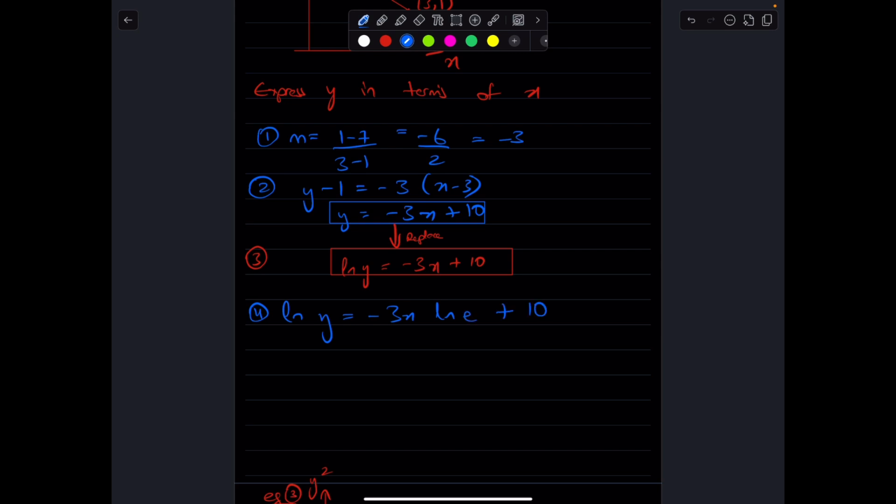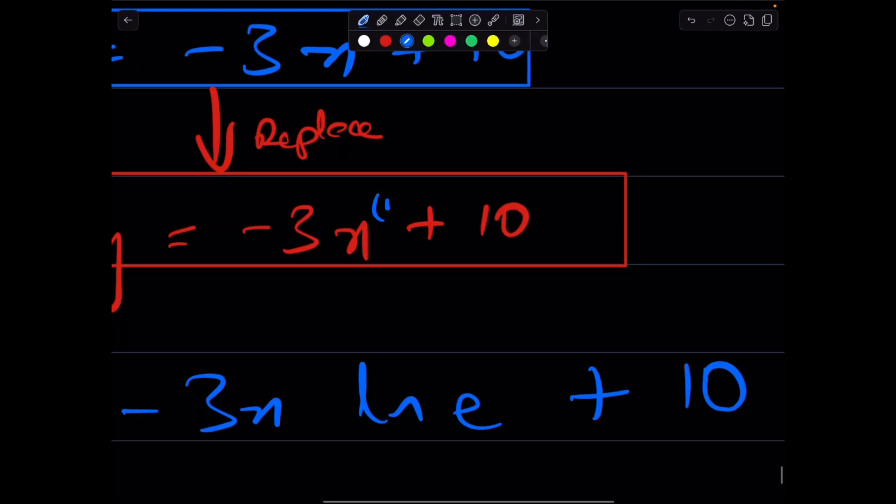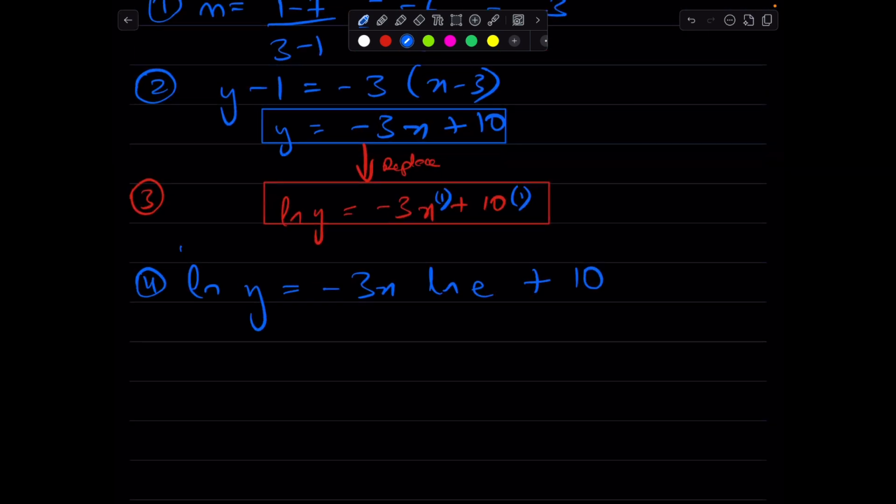So why do we have ln e? Again, I repeat, minus 3x is multiplied by 1 since we need to introduce ln. Thus, we'll use this fact that both minus 3x and plus 10 are multiplied by 1. Thus, introduce ln e.